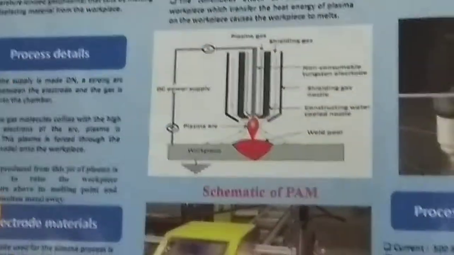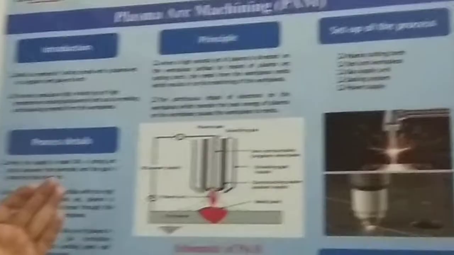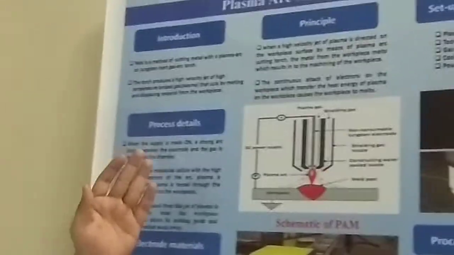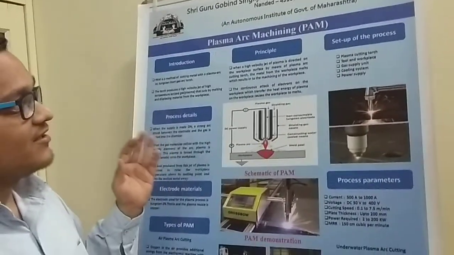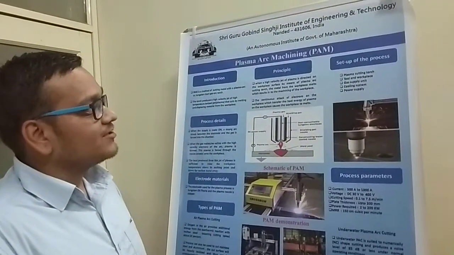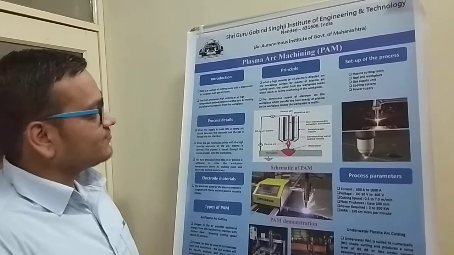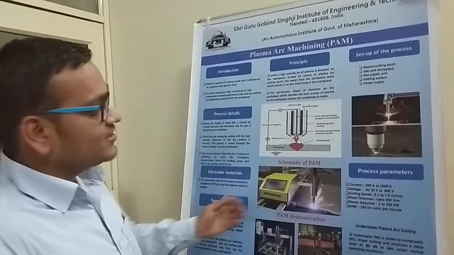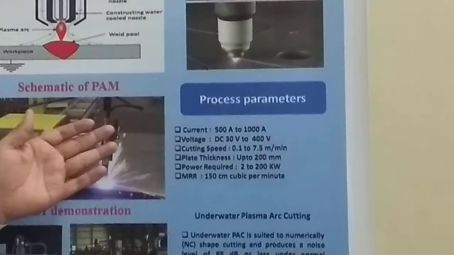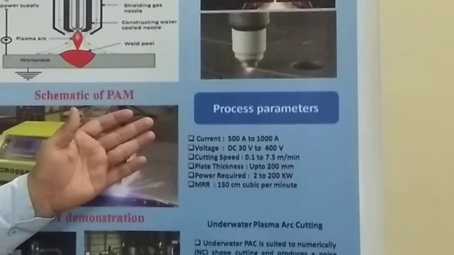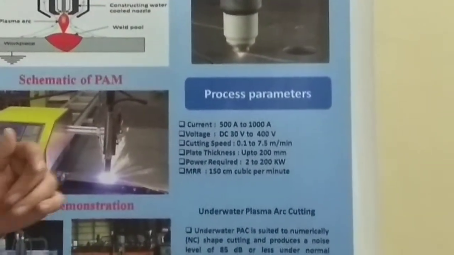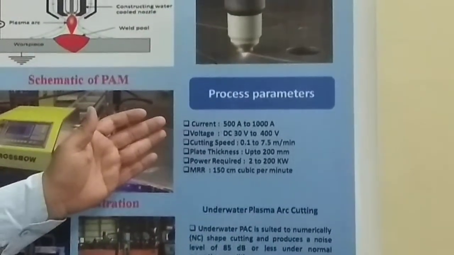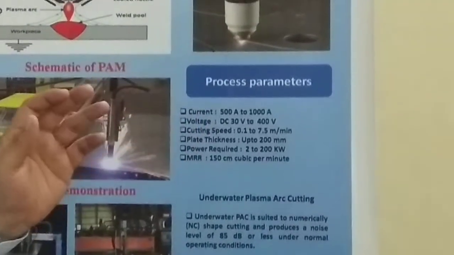Then we see the setup of the process, in which the plasma cutting torch is used, then the tool and workpiece, then the gas supply unit, then the cooling system and the power supply are provided. Next are the process parameters, in which the current ranges from 500 ampere to 1000 ampere. Voltage is direct current, 30 volt to 400 volt.